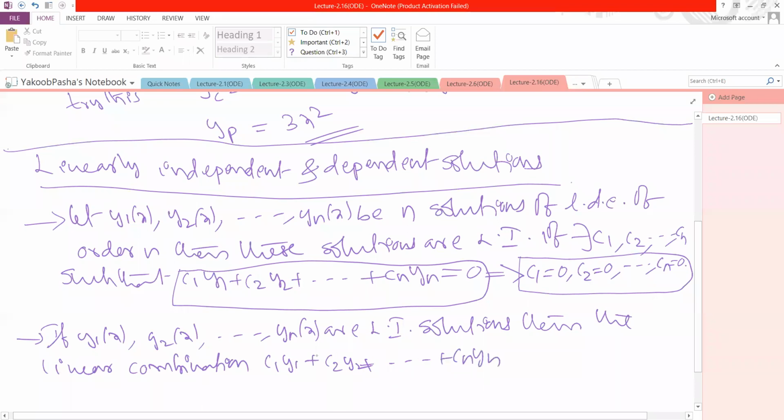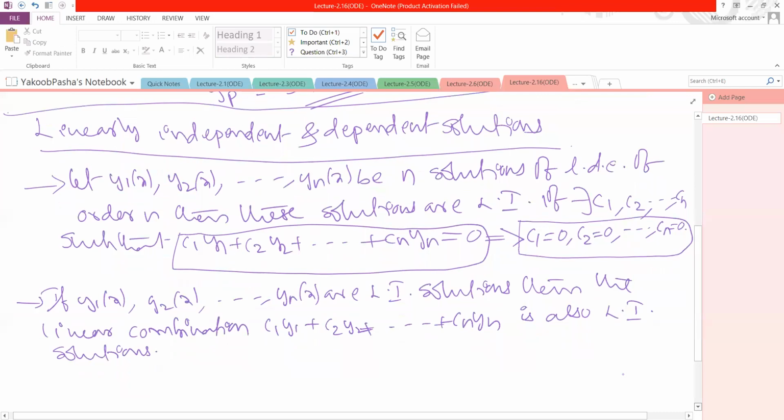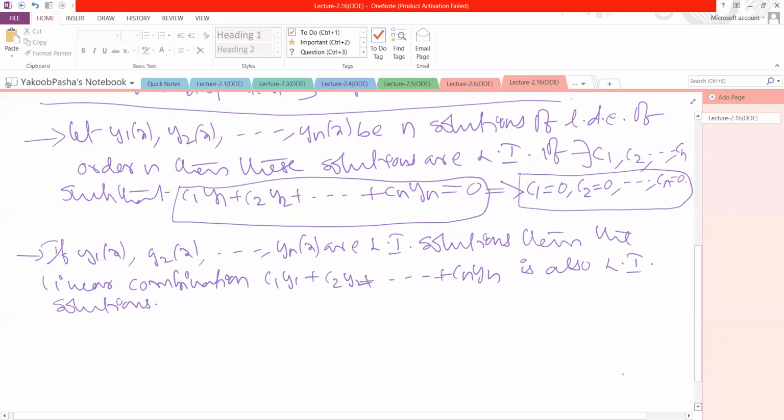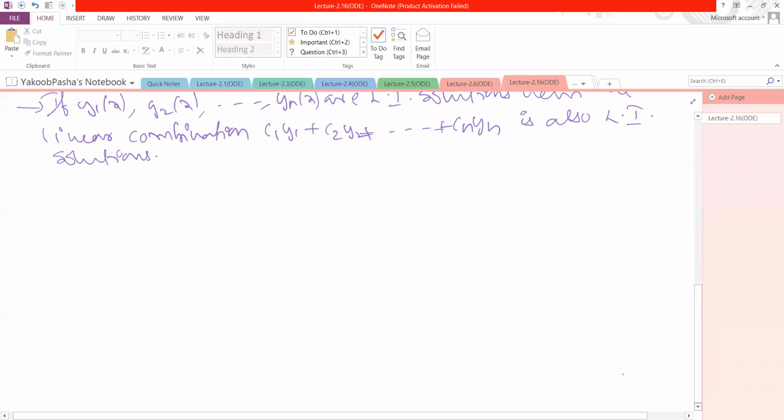This is the linear combination of n solutions corresponding to n constants c1, c2, cn. Linearly independent means when the linear combination is 0, each and every scalar or constant should be 0. In this case, we say that the solutions are linearly independent.